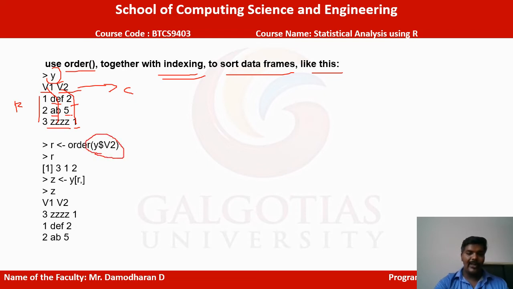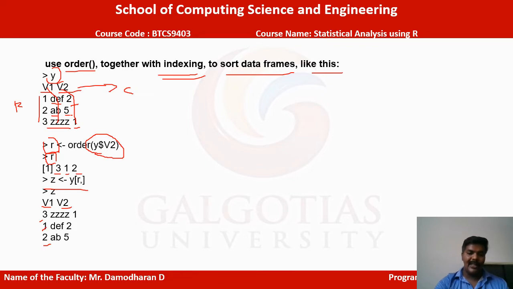Here we use y dollar v2, and it is loaded into r. After executing r, the value will be printed. The printed rows are arranged in a different order. Usually we see the order 1, 2, 3, but after arrangement the order changes to 3, 1, 2.